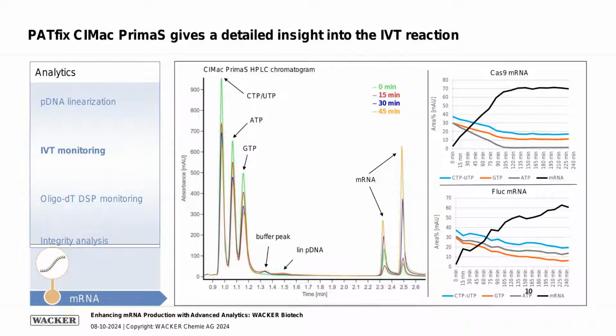I would like to make the point here that it's really critical that you understand your IBT reaction. Each individual component in this reaction has an impact on your kinetics of the mRNA. You really need to optimize your IBT reaction to each construct. And this is why this PATfix method here is so powerful, because you can easily adapt.